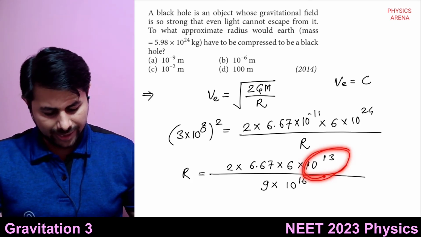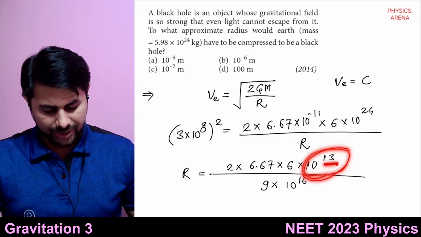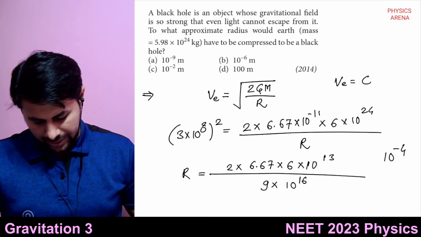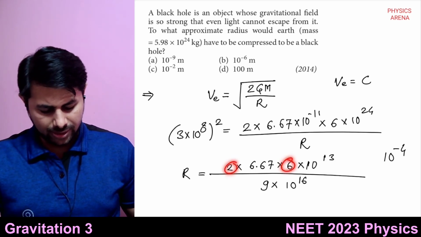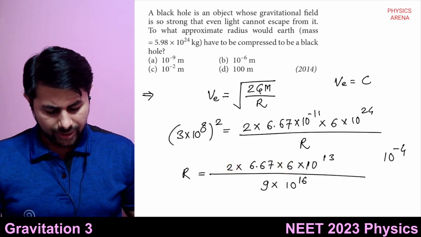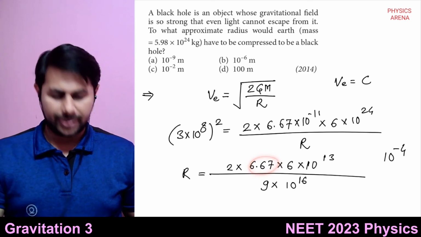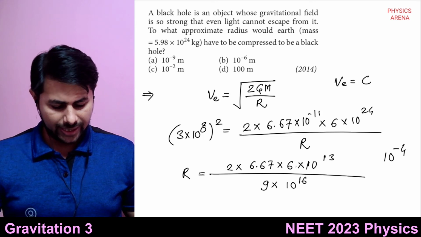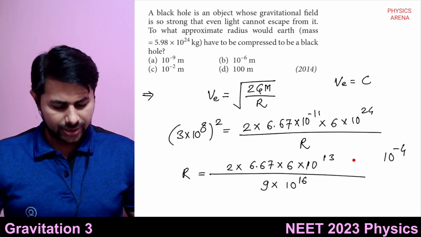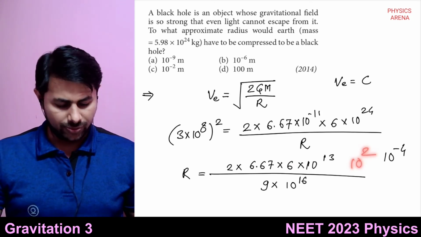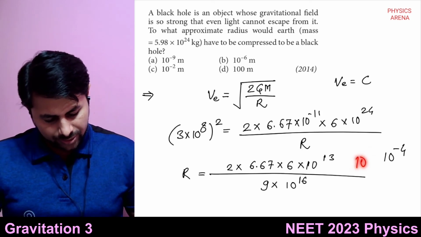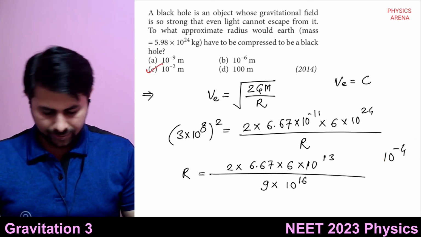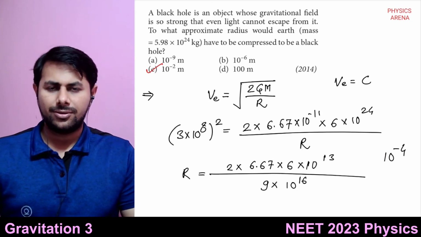So 10 raised to minus 17 plus 13 is 10 raised to minus 4, and 6 times 2 is 12. So this thing is of the order of 10 raised to 1, and 12 is of the order of 10 raised to 1, so it will be of the order of 10 raised to 2. So 10 raised to 2 multiplied by 10 raised to minus 4. So the answer will be 10 raised to minus 2 meters.